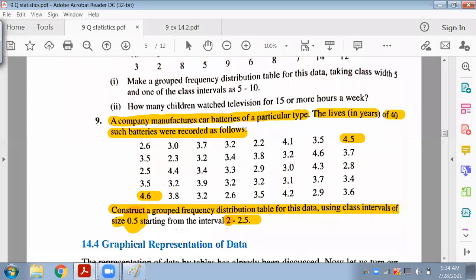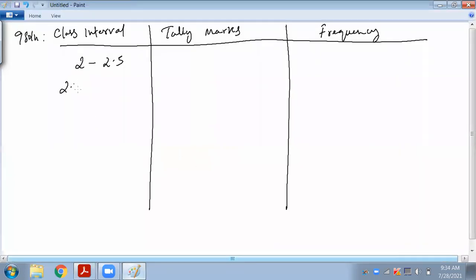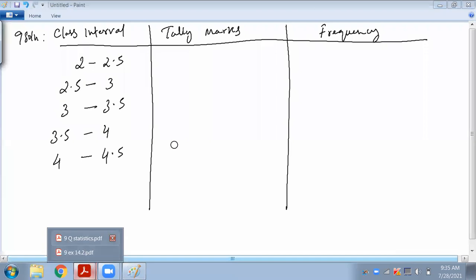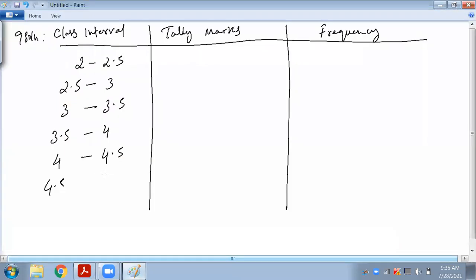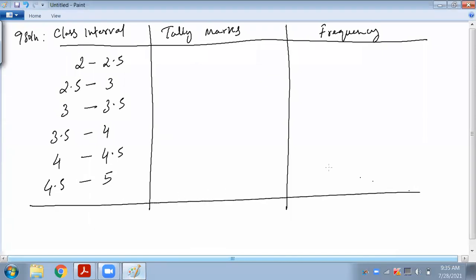Next class interval should be 2.5 to 3, because the difference should be 0.5. Next 3 to 3.5, again 3.5 to 4, then 4 to 4.5. The highest value was 4.6, so we have to take one more. Next 4.5 to 5. So these are the class intervals.